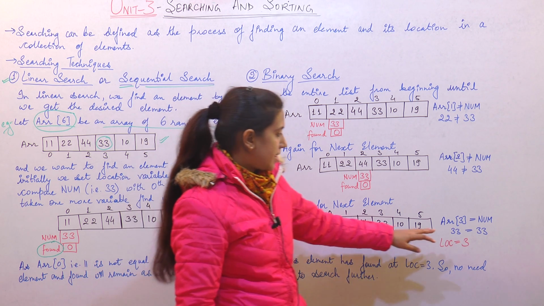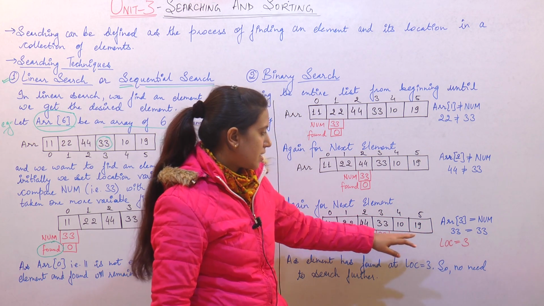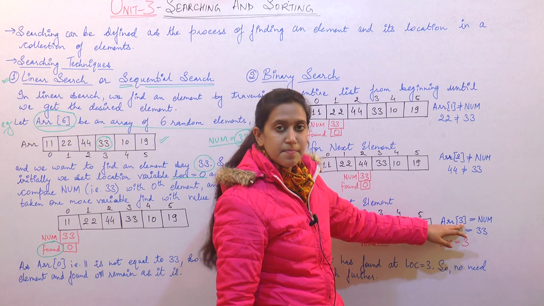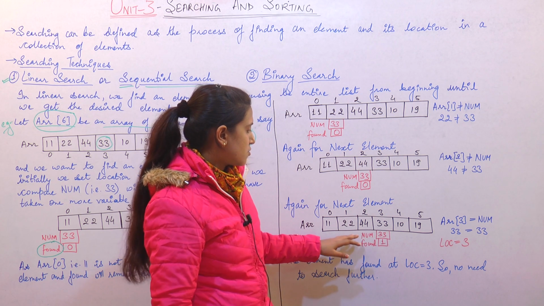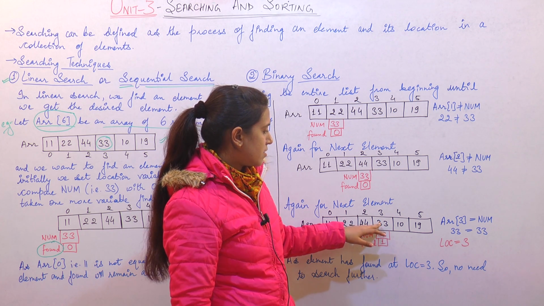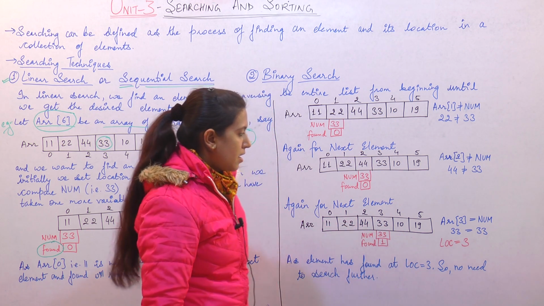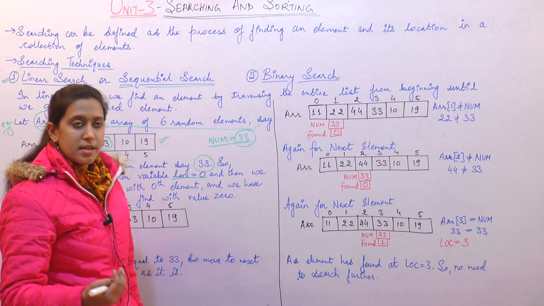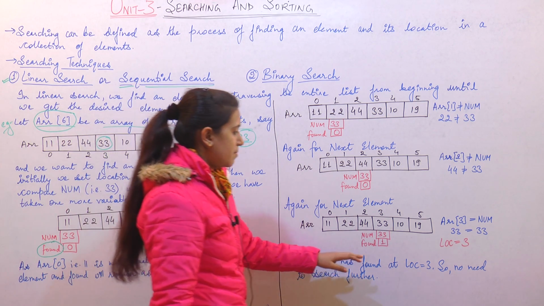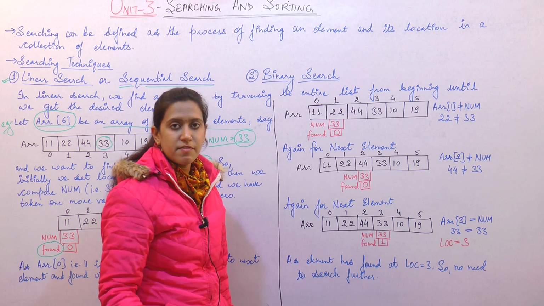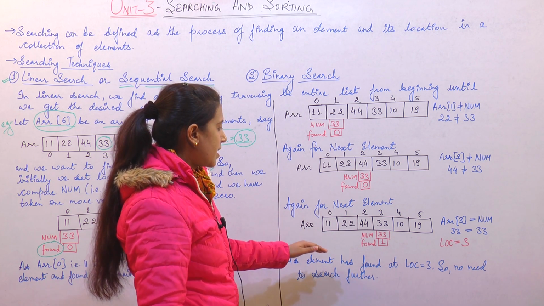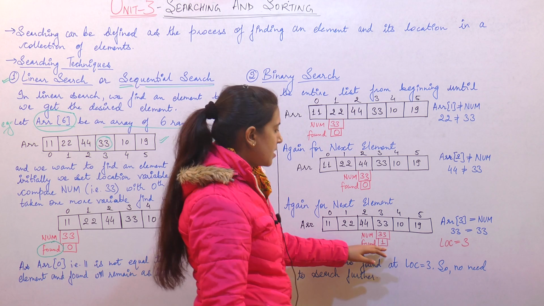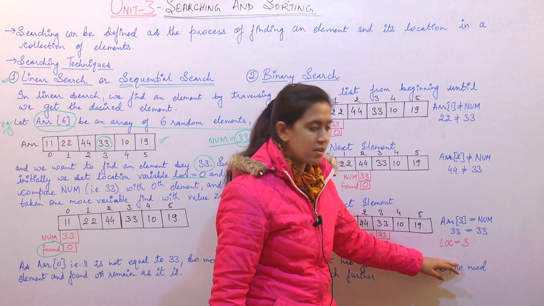Now ARR[3], that means the number stored at location 3, is equal to num, that means 33 is equal to 33. It means that the desired number which we were searching in this array has been found, and the number has been found at location 3.